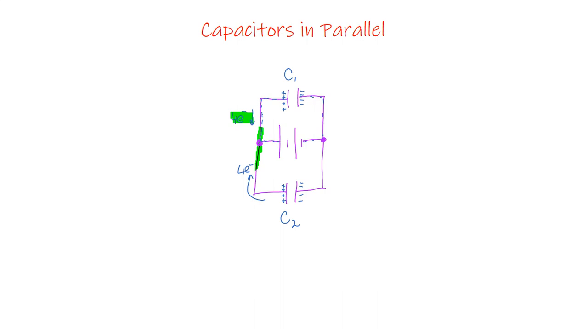Now let's take a look at what's happening. If we label these points A and B, these points C and D, and these points E and F, we know that after a long period of time, the potential difference across A and B is the same as the potential difference across C and D. And the potential difference across E and F is the same as the potential difference across C and D. So the potential difference is the same between all of these corresponding points in the circuit, meaning the total potential provided to the circuit, the V across CD, is the same independently for both of these.